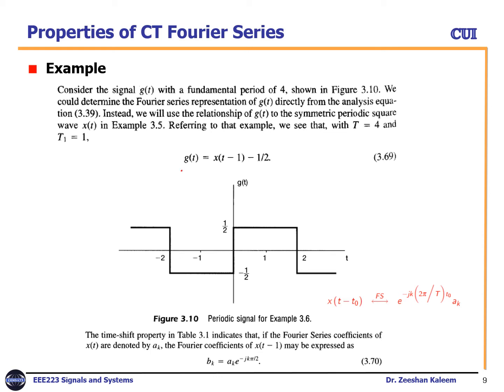For example, you have a signal g(t), represented as x(t-1) minus 1/2 of x(t-1)... This is the mathematical representation of the signal g(t). Consider the signal with a fundamental period of 4. It means that capital T equals 4.